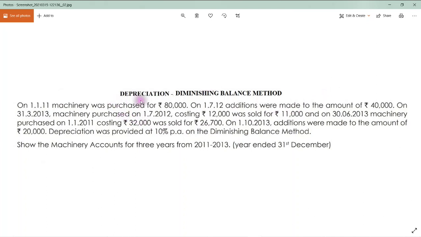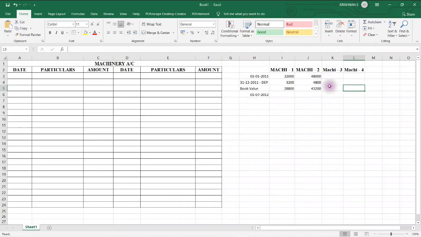On 31/3/2013, machinery purchased on 1/7/2012 costing rupees 12,000 was sold for rupees 11,000. On 1/7/2012 they purchased machinery for rupees 40,000, so it has two machineries. The value of the first machinery is rupees 12,000 and the remaining amount goes to the second machinery. So we can divide the total 40,000 into two parts: first one is 12,000 and another one is 28,000. So it was purchased on 1/7/2012.